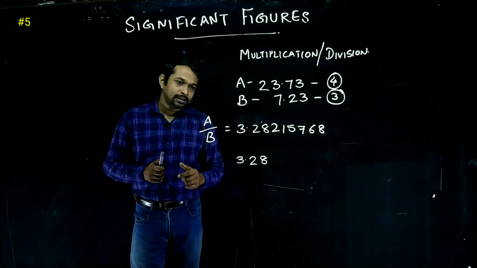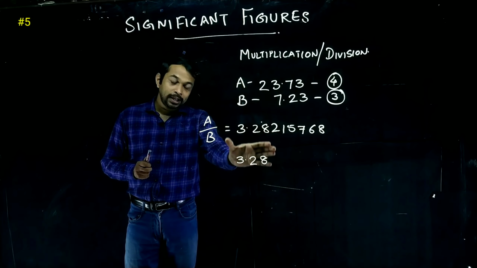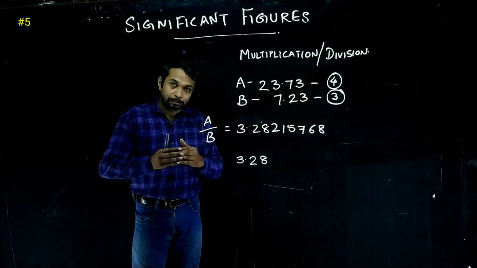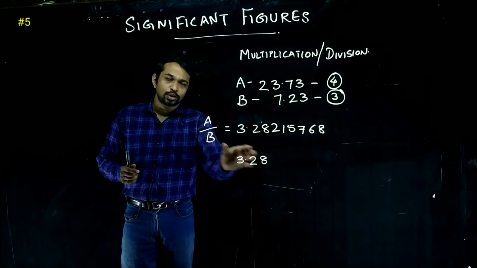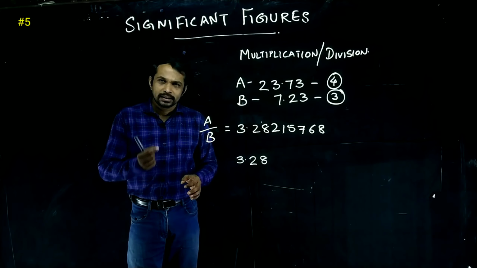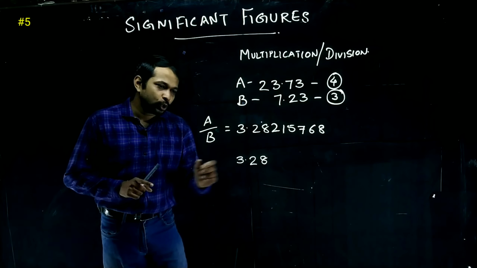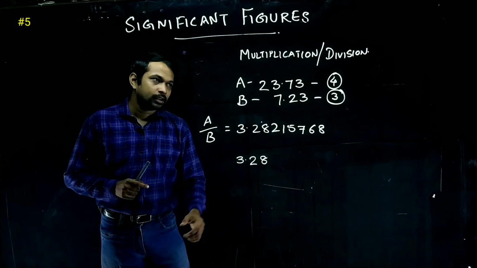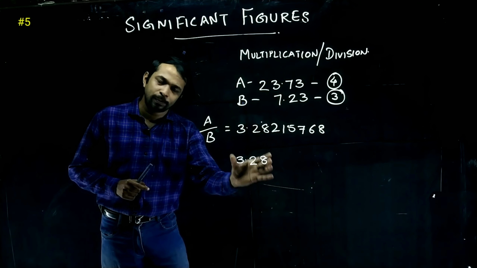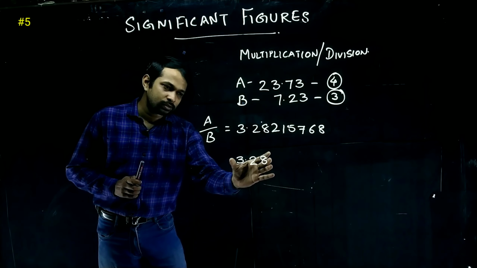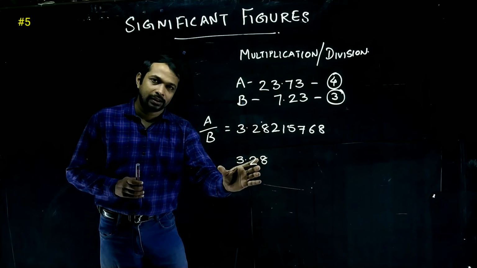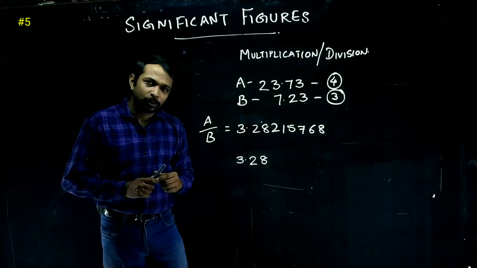But if you are doing this process in the middle of some calculation and this is not your final answer, there is a small change, very small change. In that case, you have to retain one more digit. Actually, the number of significant figures should be 3, but you are retaining one more digit.